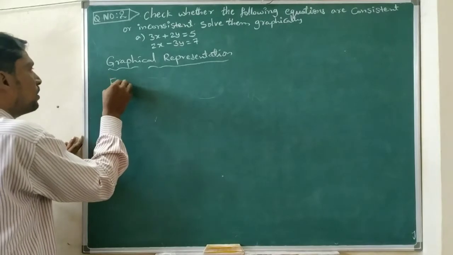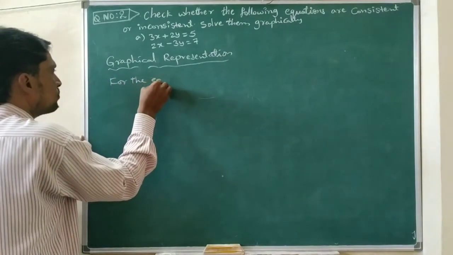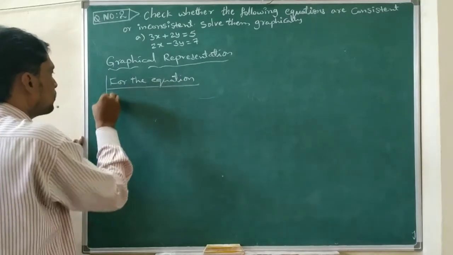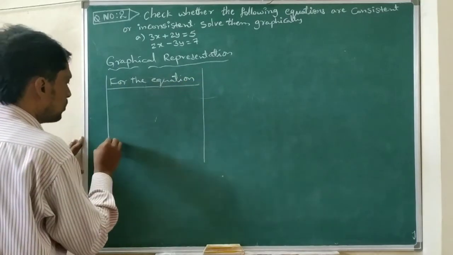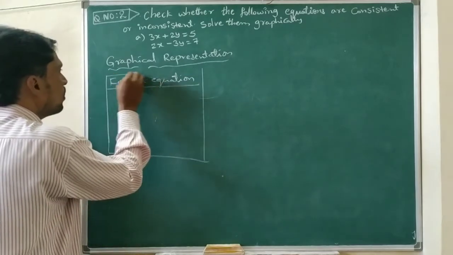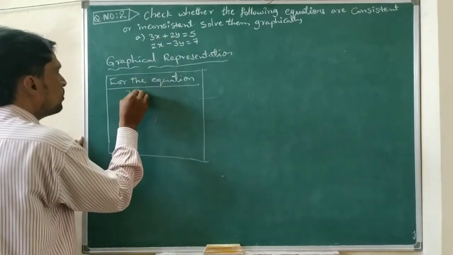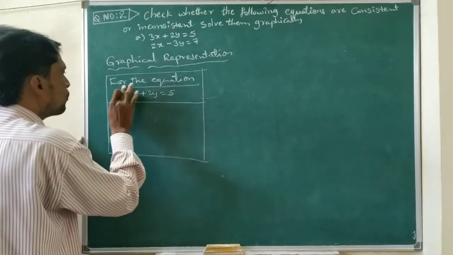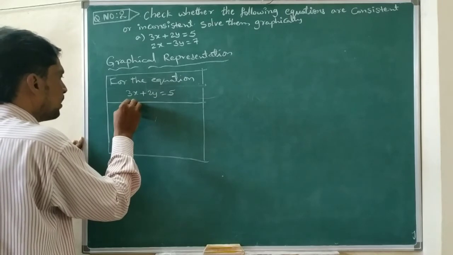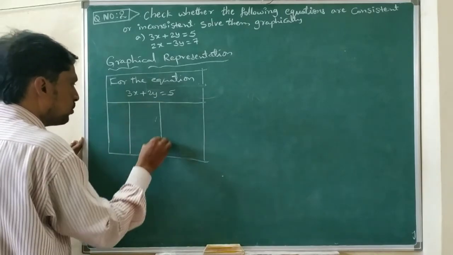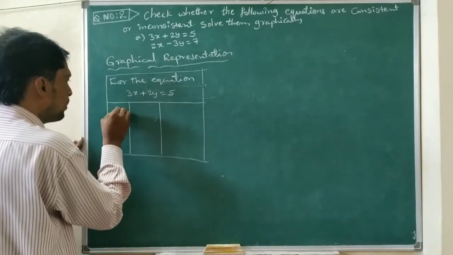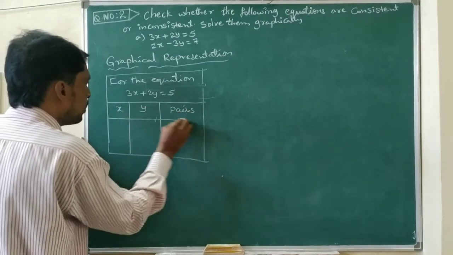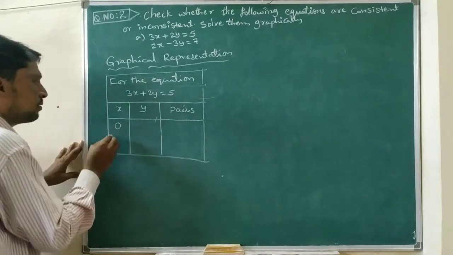Now for the equation, first equation is 3x plus 2y equal to 5. In this we need to take x values and y values, and pairs x, y. Now x value I am assuming 0.